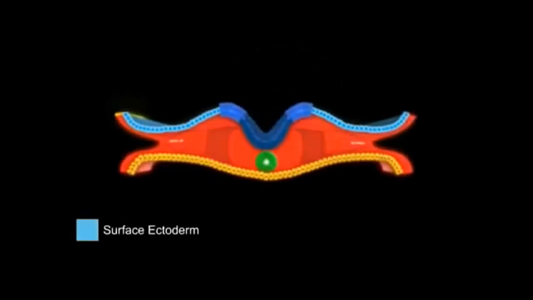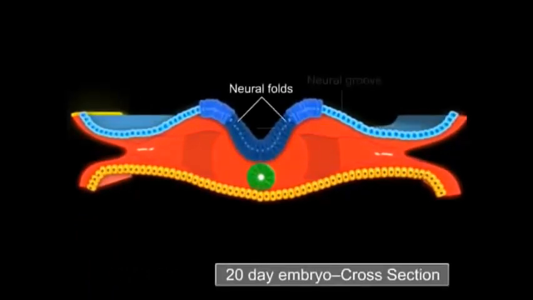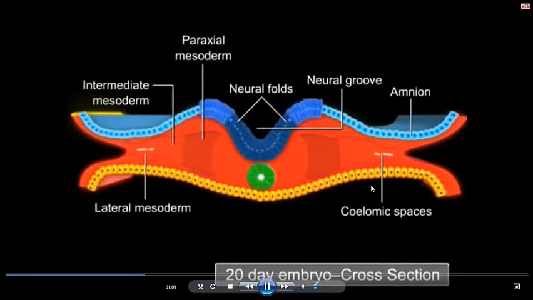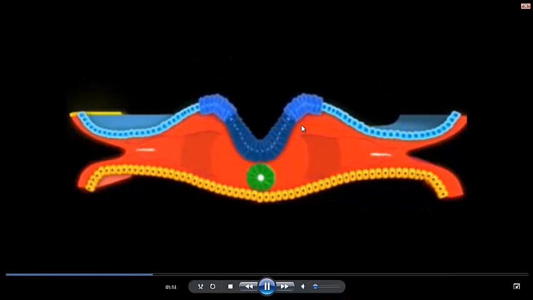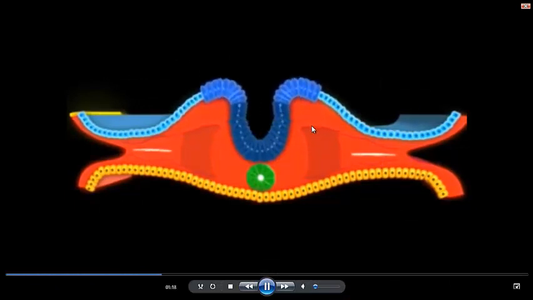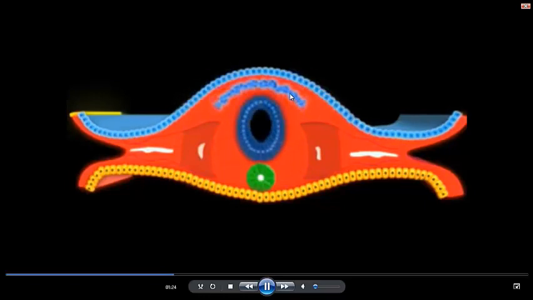So you're going to look at this in a cross section just to make it easier to understand. Okay, these are all the different parts. You've got the neural folds, the neural groove. They're going to start fusing and growing towards each other. And then look at this population of cells.